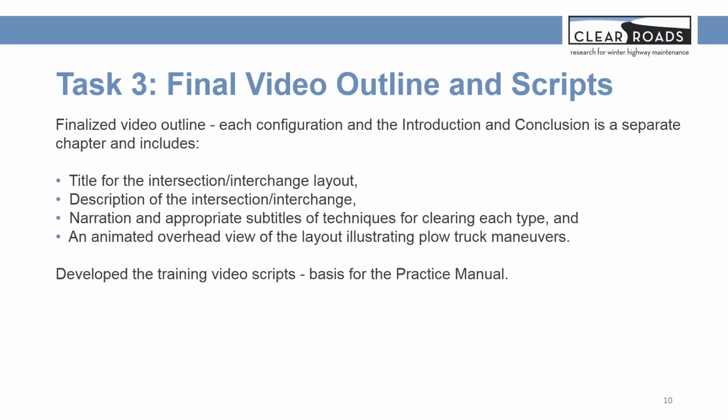For each configuration chapter, there will be a title and description of the layout, the narrations, and some subtitles on how to clear those configurations. Most importantly, they will have animation from the overhead view to show how to clear those configurations.